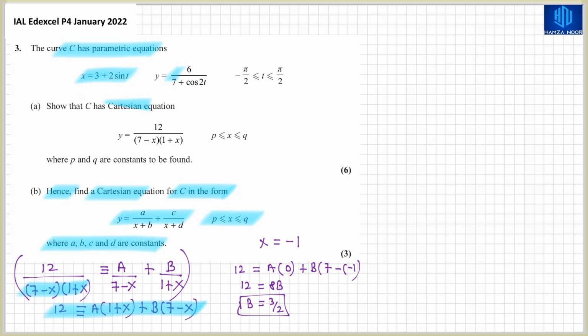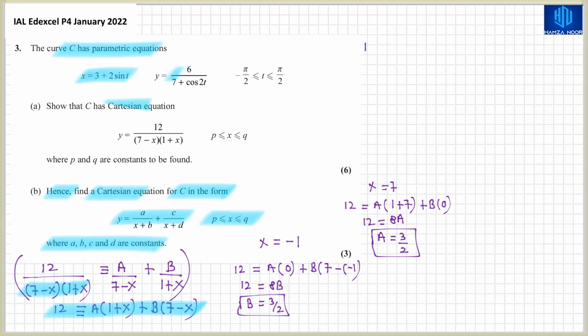And then I'm going to substitute x = 7 in order to eliminate b and find the value of a. So 12 equals a times (1 + 7) plus b times 0. Therefore 12 equals 8a. Therefore a is also equal to 3 over 2.